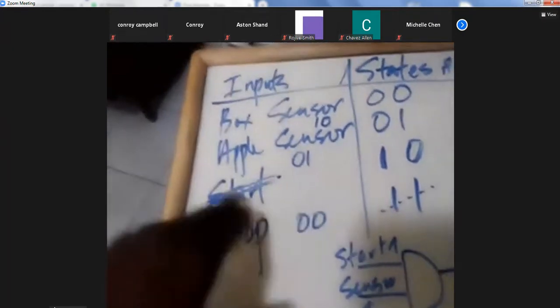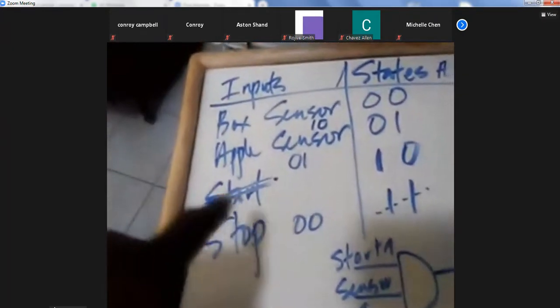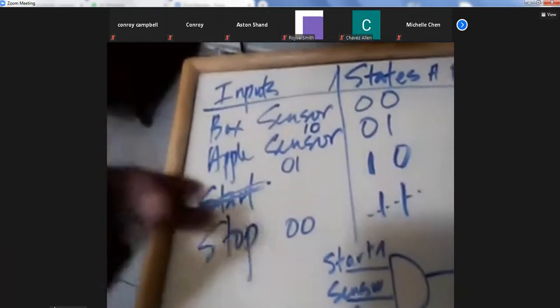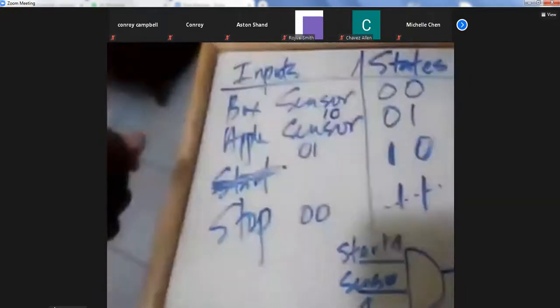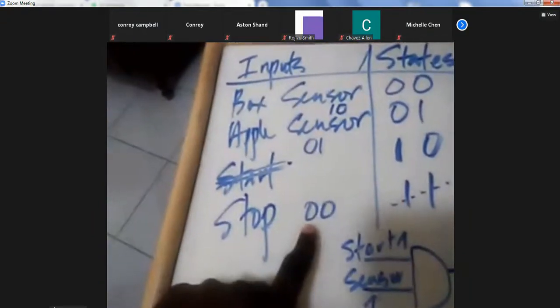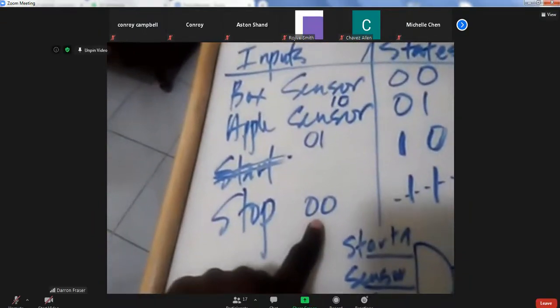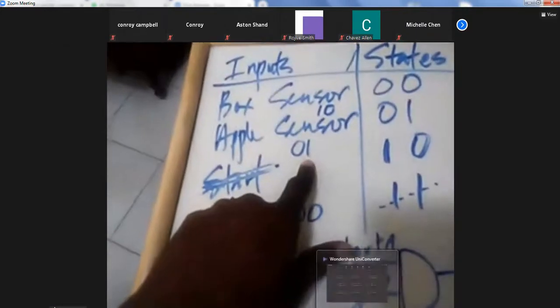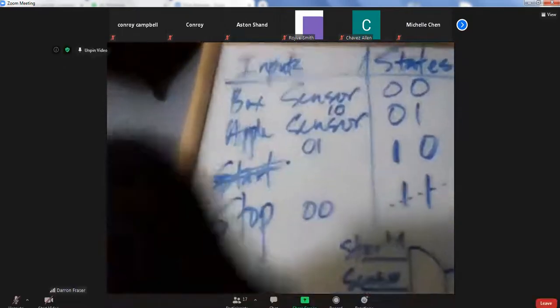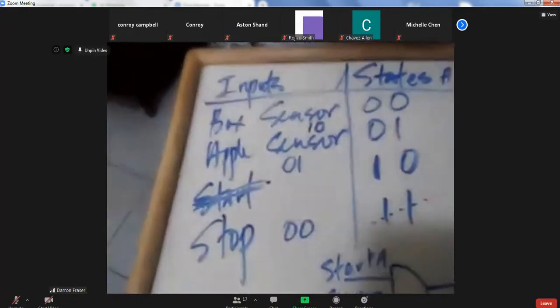So I'm going to leave it out for the time being. If you want to put in a start switch when you are doing your design, that's fine, as a part of your input. All right. So I'm going to be labeling my stop 0, 0, my apple sensor 0, 1, and my box sensor 1, 0. And there's no 1, 1.